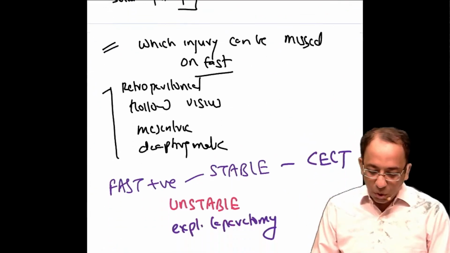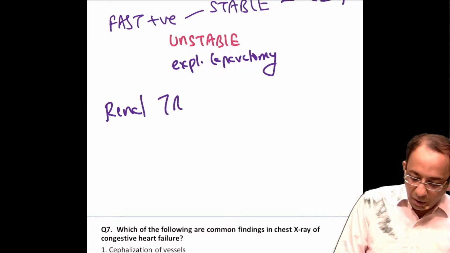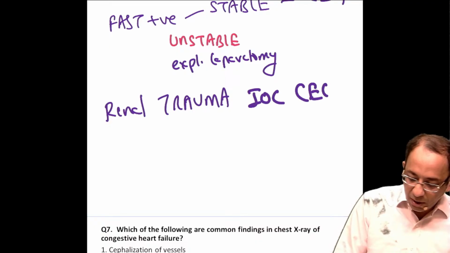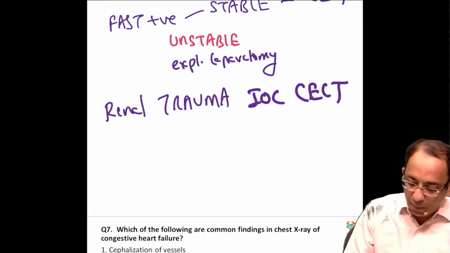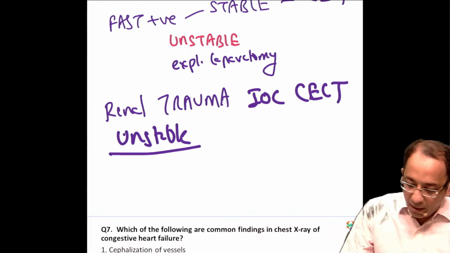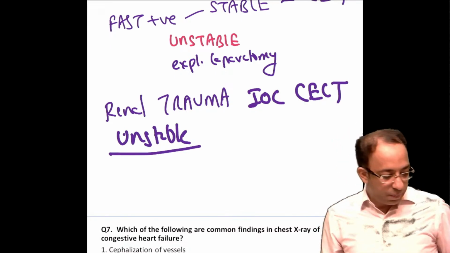I can see a question in the chat box, so let me answer. If they say renal trauma, beta, and they ask you investigation of choice, it will be CECT. Renal trauma, investigation of choice CECT, but if the patient is unstable, what will you do? Anyone in the chat box, renal trauma, patient is unstable, what will you do?